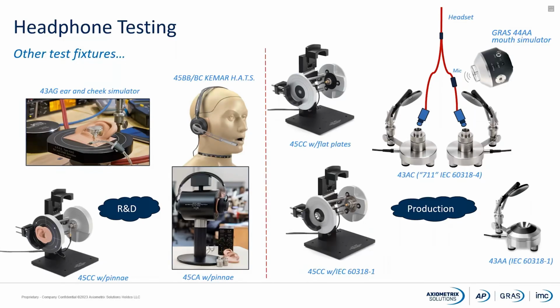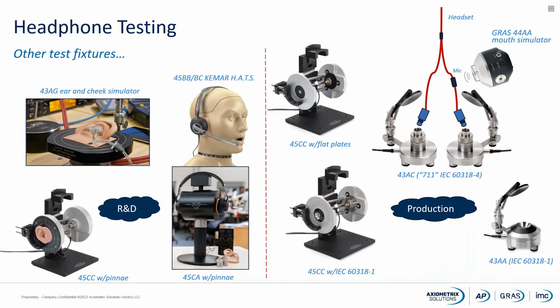Let's have a short look at other fixtures. We have the 43AG, an ear and cheek simulator. The 43AG is a perfect little test jig for R&D, for fast and easy test of prototypes.